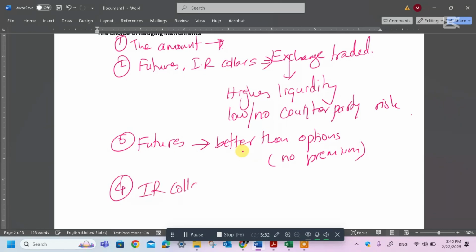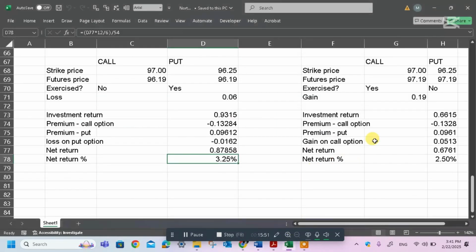Similarly, interest rate collar. What is the advantage of collar? See, if it is futures, interest rate futures, that just fixes the amount. You don't have a freedom. You don't really enjoy if the interest rates move favorably. But collars give you the advantage of, if you saw the calculation, see here, minimum 2.5, maximum 3.25.